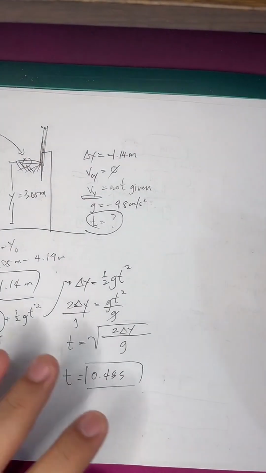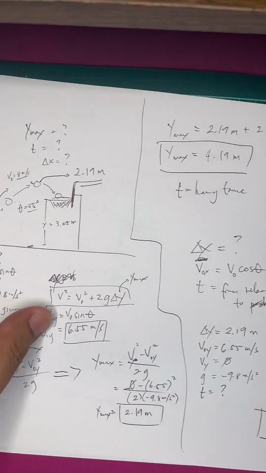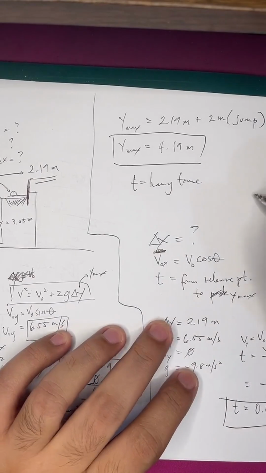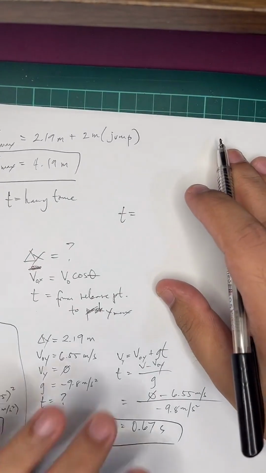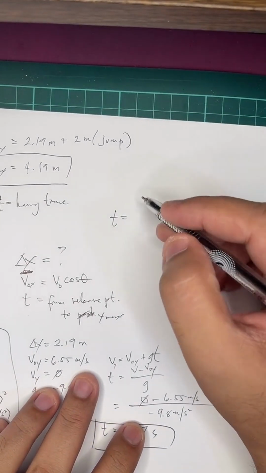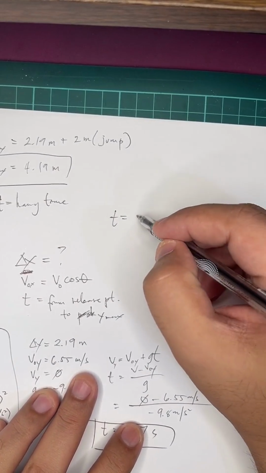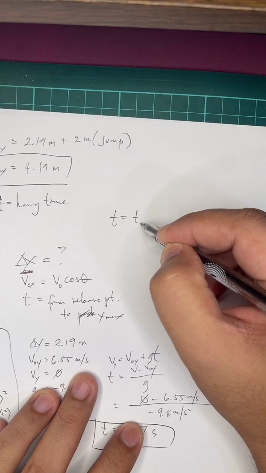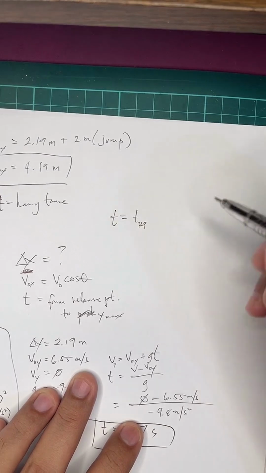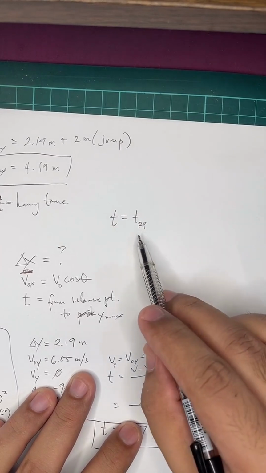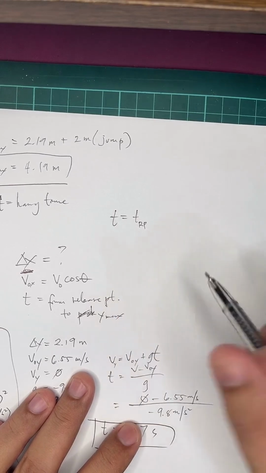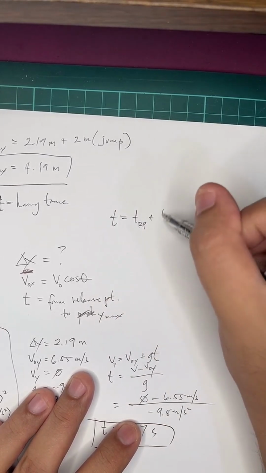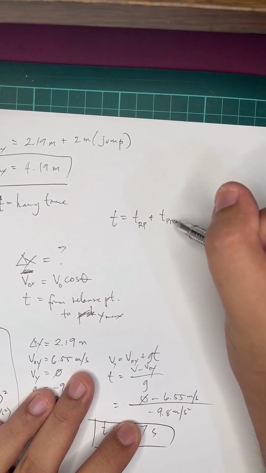To get the time for us to really determine the range, T would be equal to the time from release to peak. Let's just put that there as a descriptor, right? So time from release to peak height plus the time from the peak to the hoop.